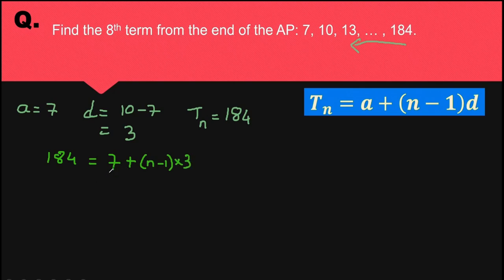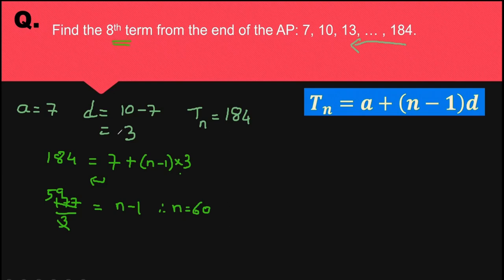Transposing 7 to the other side, we get 184 minus 7, that is 177, and then transposing this 3 to the other side goes into division, 177 upon 3 gives the quotient 59. So 59 equals n minus 1, therefore n is 60. So in the given AP from 7 to 184, there are 60 terms.